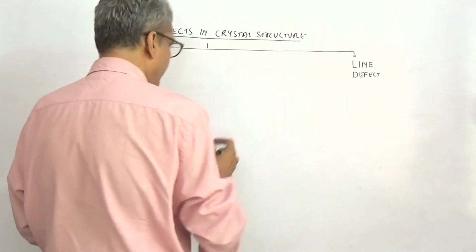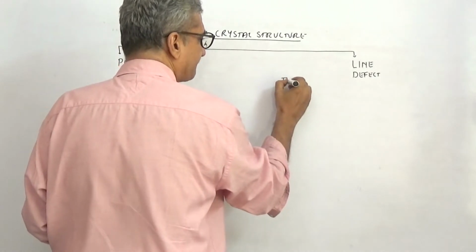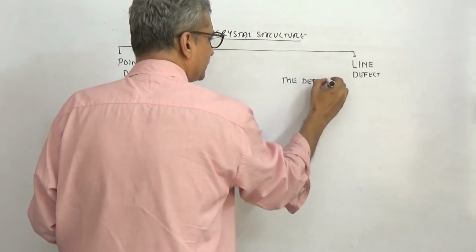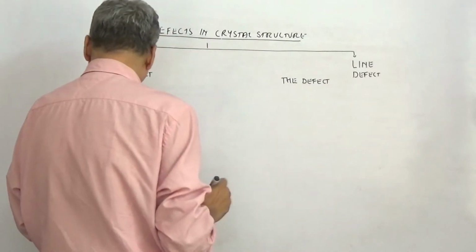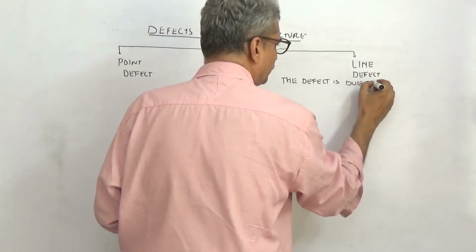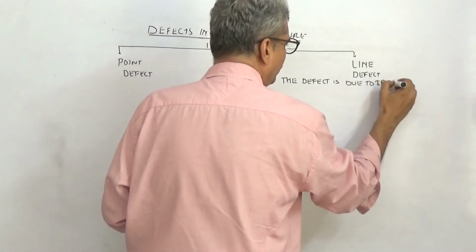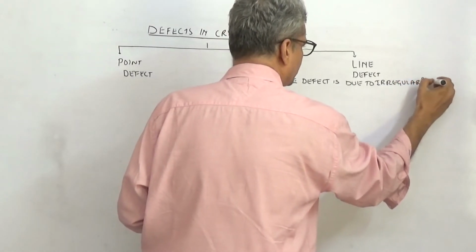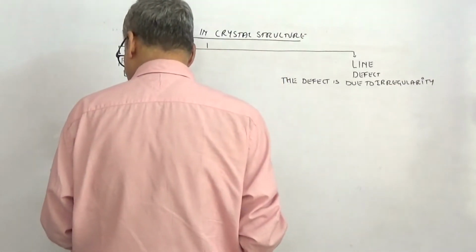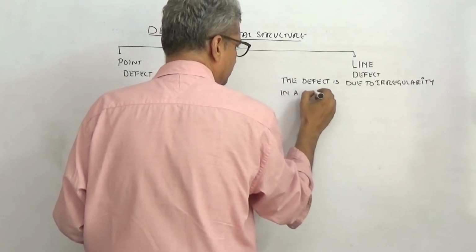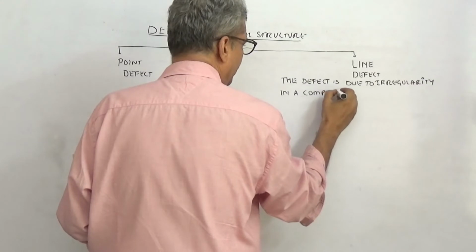So what is a line defect? The defect is due to irregularity in a complete line.